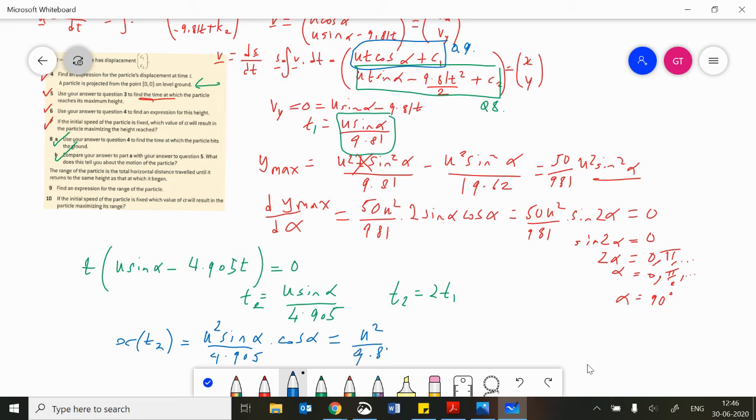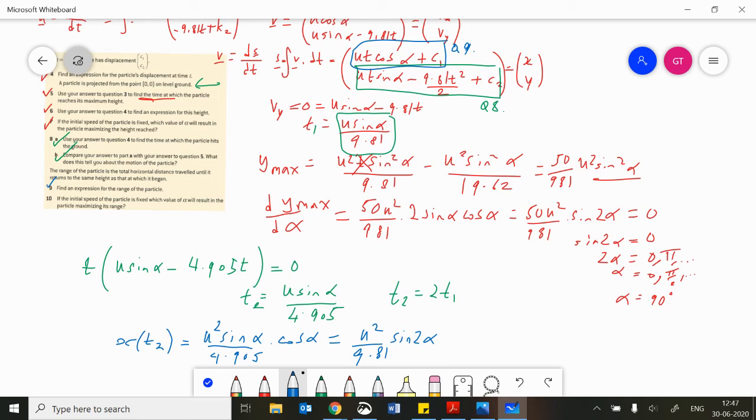Now, if I times the top by 2 as well, it brings me back to this expression here. So we're going to get sine of 2 alpha, the same identity that we used before. So that's our expression. Find an expression for the range of the particle, and we're done with that one.